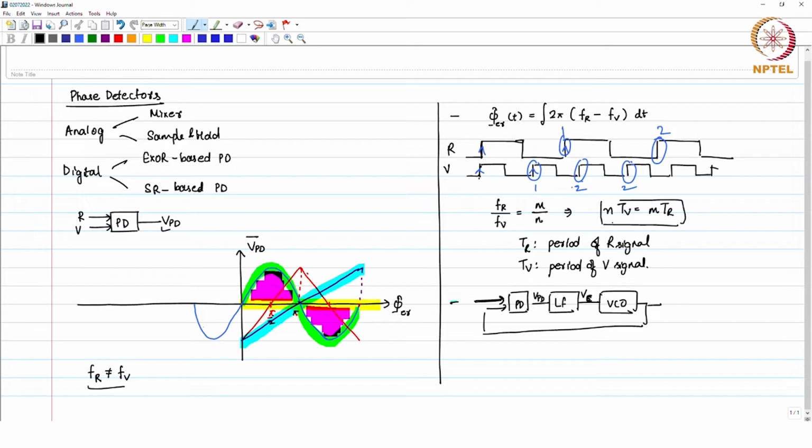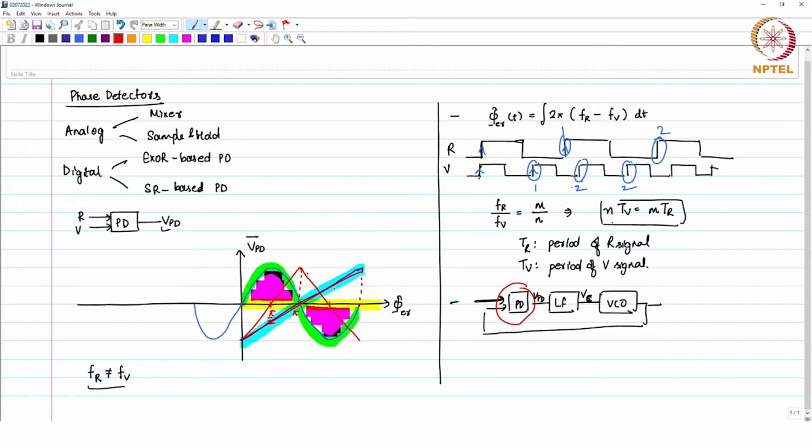So, all those things were happening in the closed loop. Okay. In the closed loop, if you have a loop filter with an integrator, you were able to do so, but standalone, if you look at the PD, the average value of this PD will not tell you about the frequency error. The actual reason is, if the frequency error is large, you will span this whole curve, and the average value gives you 0.